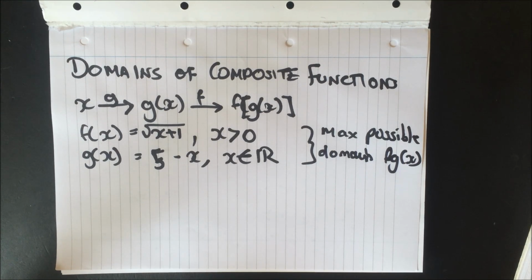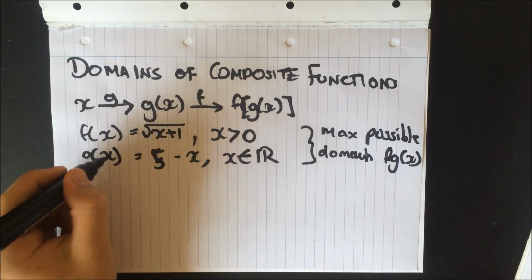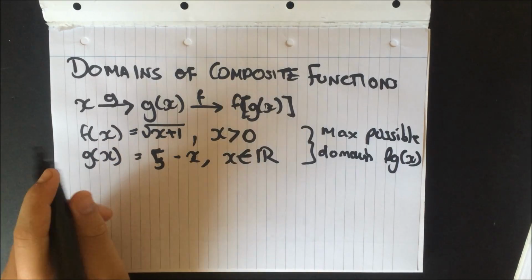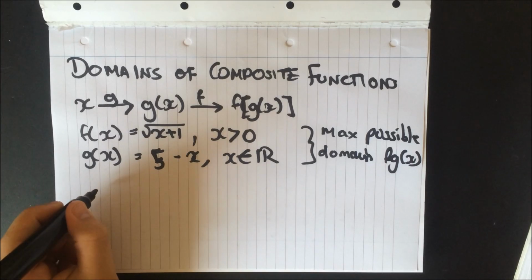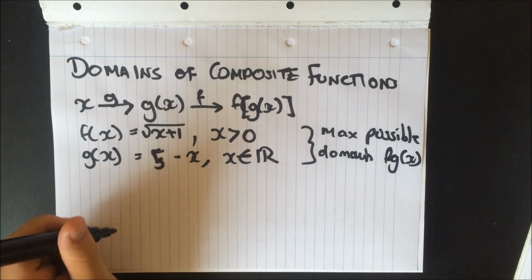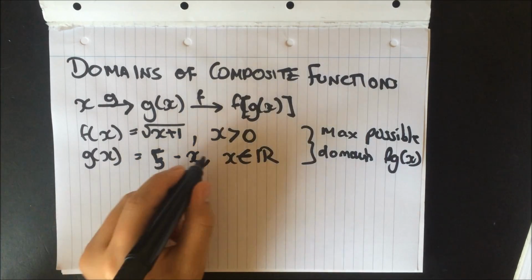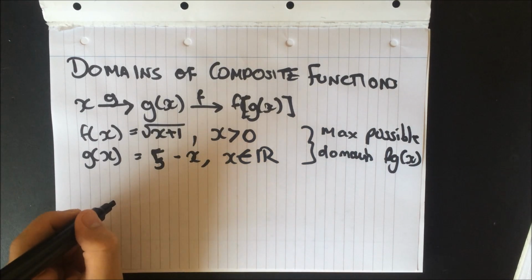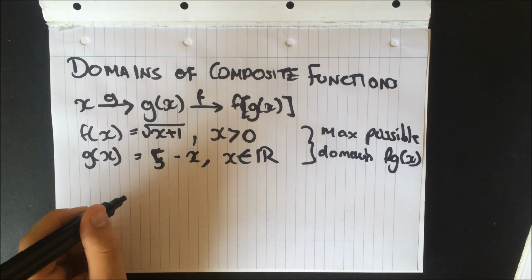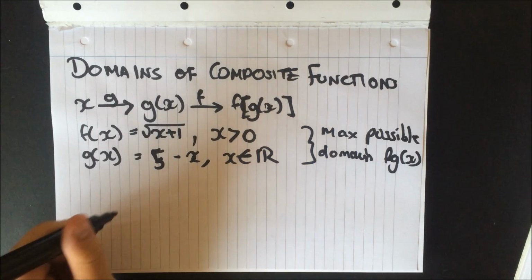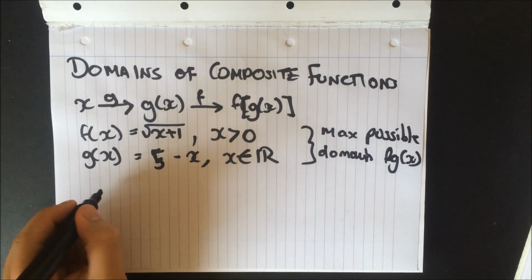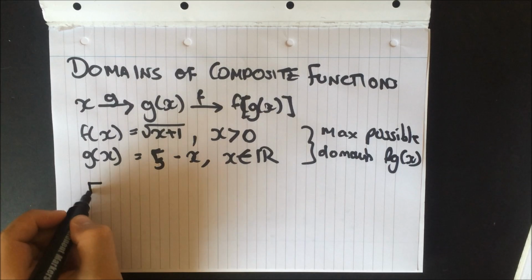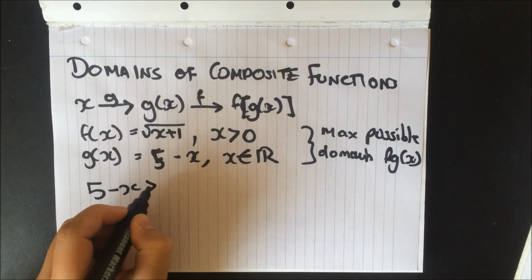So the range of g consists of only positive numbers. So let's have a look at this. g of x is 5 minus x, and if we want the range of g to consist of only positive numbers, what we've got to do is solve an inequality as so.